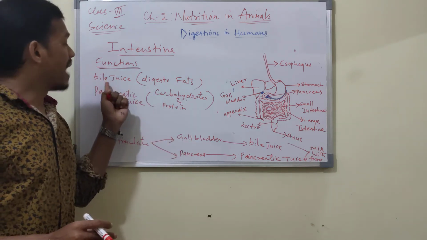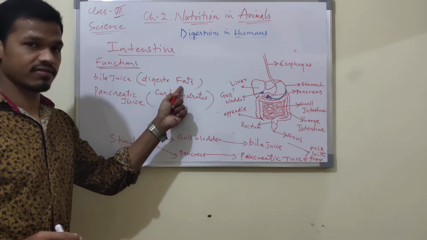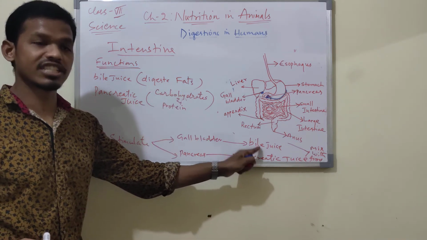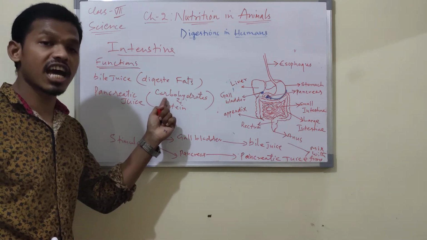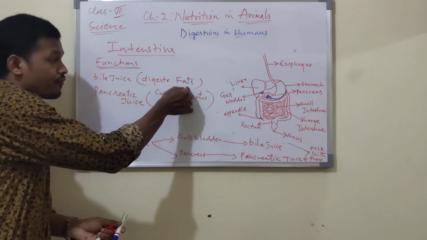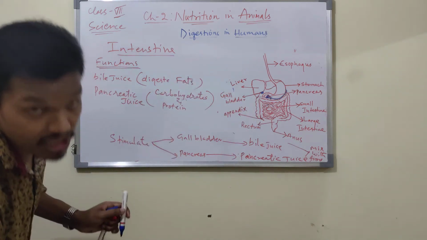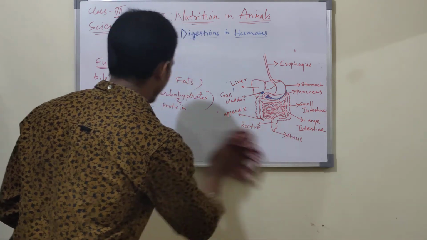So as you know, bile juice is specially used for the digestion of fats. What is the role of bile juice? Digestion of fats. And pancreatic juice will help in the digestion of carbohydrates and protein. So after digestion of fats, what does it convert into? That is very, very important.